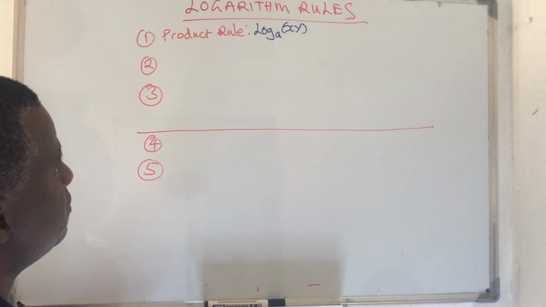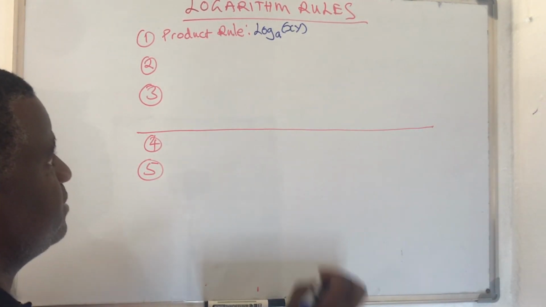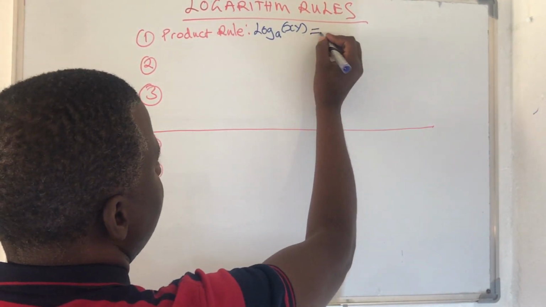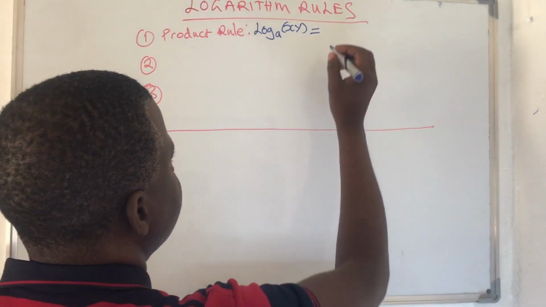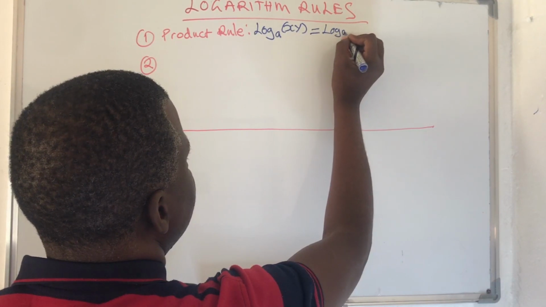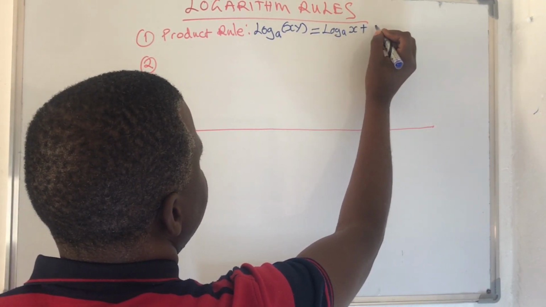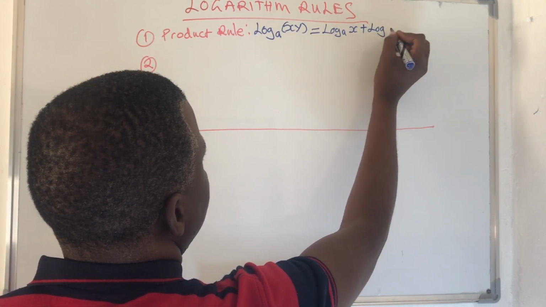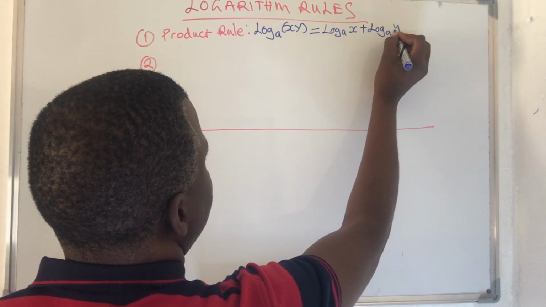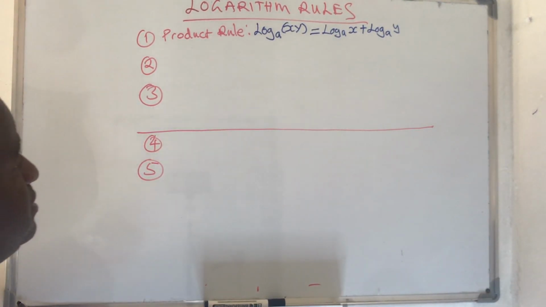This one is equal to what? What this rule says is that this log will be equal to log A of x plus log A of y. So let me just explain that a bit.